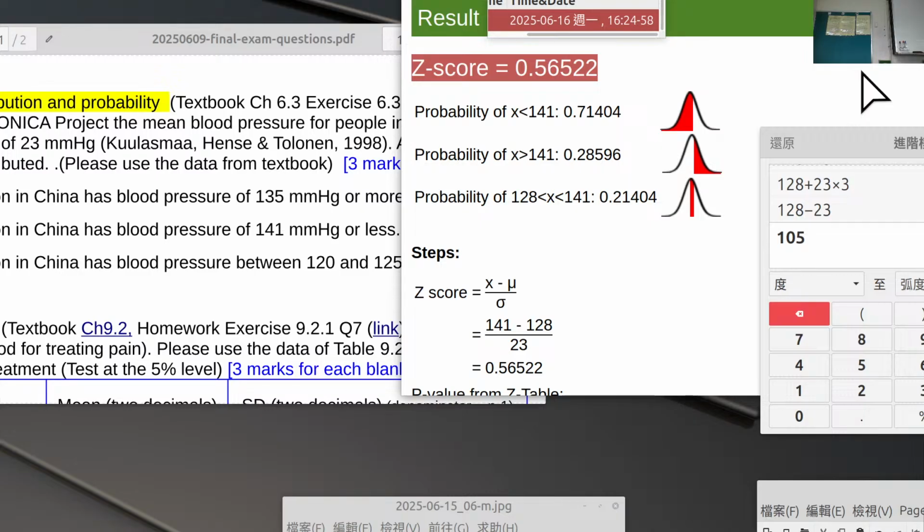Can you solve this problem? Okay, let me tell you how to calculate this.